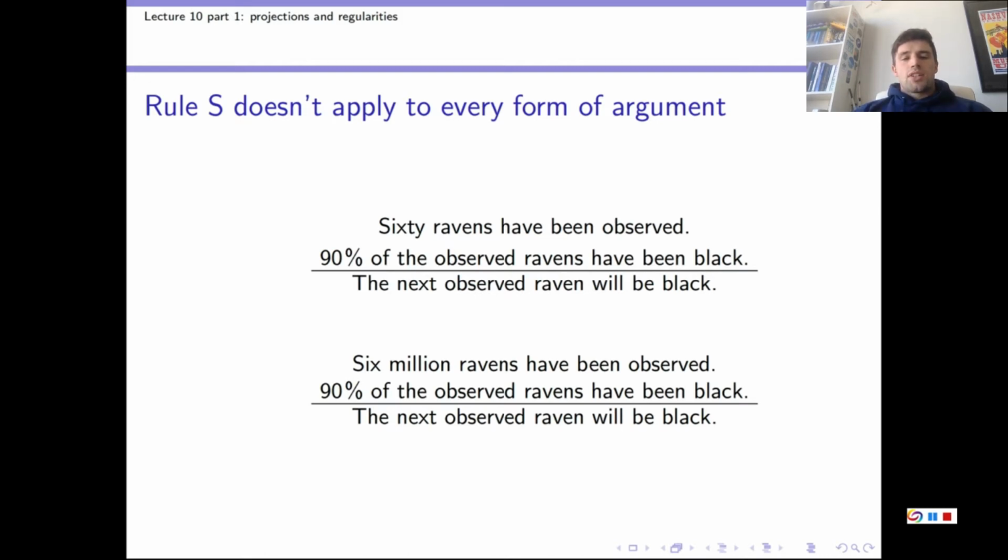But Rule S can't do that, and what's more, it can't even assign the probabilities to these 2 arguments in the first place, because neither of these arguments are of the right form. And if we try and alter the form of the argument that we gave in the definition of Rule S, we end up losing track of the distinction between 60 ravens and 6 million ravens.